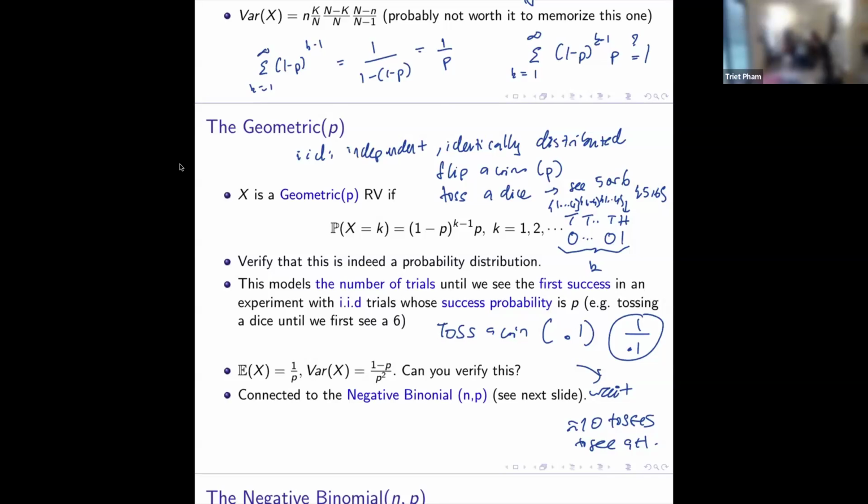So what we need to show is why the sum of k times (1 minus p) to the k minus 1 times p, where k runs from 1 to infinity, is equal to 1 over p. Anyone can explain this?